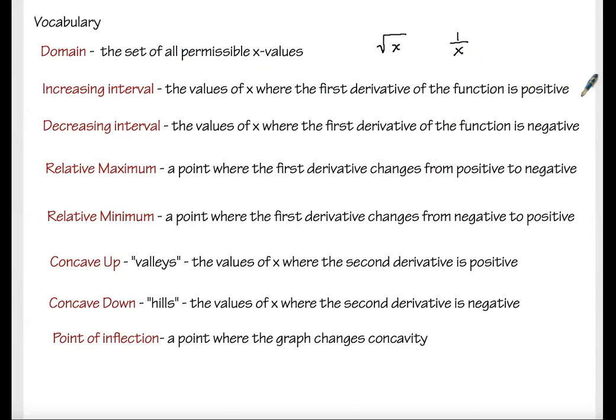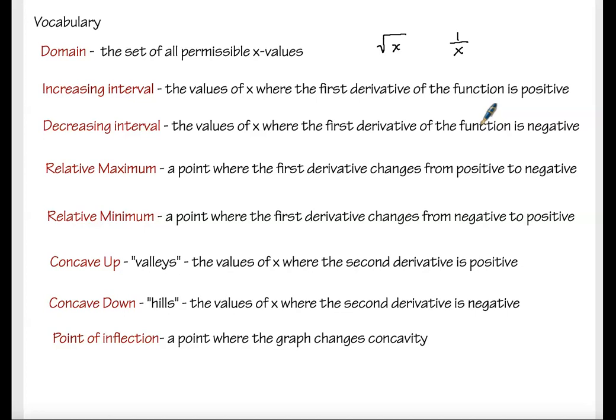And then we will look at the intervals where the function is either increasing or decreasing. So for increasing or decreasing intervals, we will look at the first derivative. Because remember, the slope of the tangent line is basically the first derivative of the function.